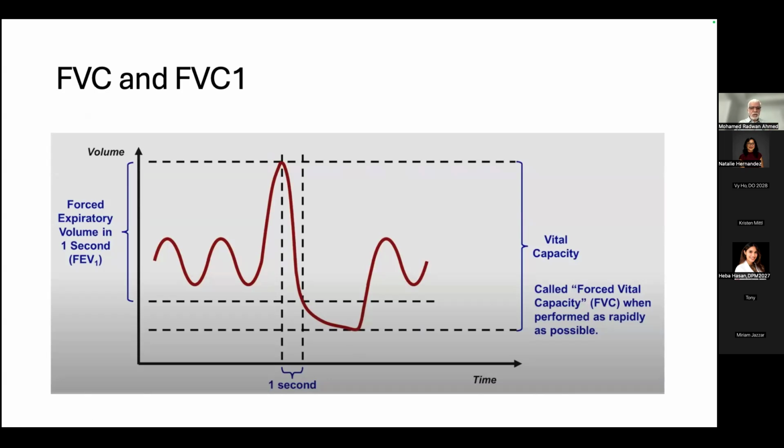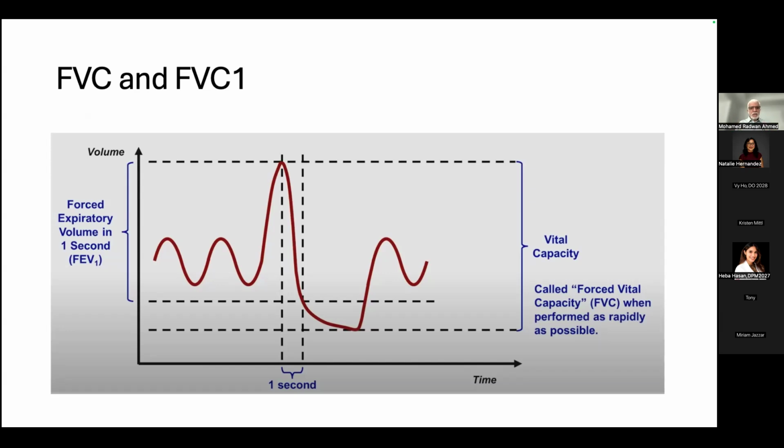Okay, so now if we talk about spirometer or spirometry, we're going to talk about forced vital capacity. What is forced vital capacity? It's vital capacity when you force the air out, like breathing out at your maximum speed. We call it vital capacity, but forced means it is performed as rapidly as possible.